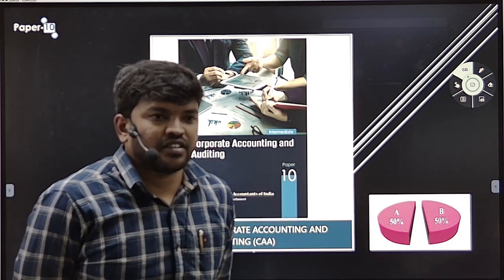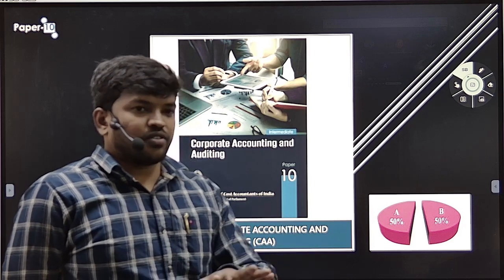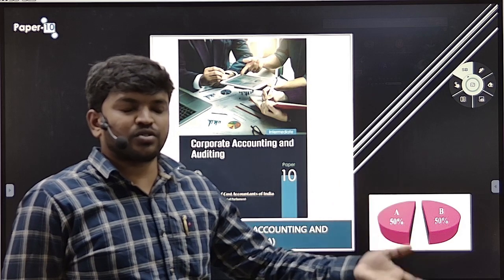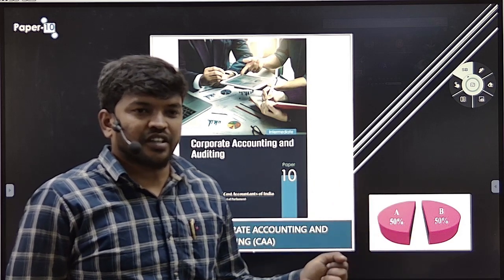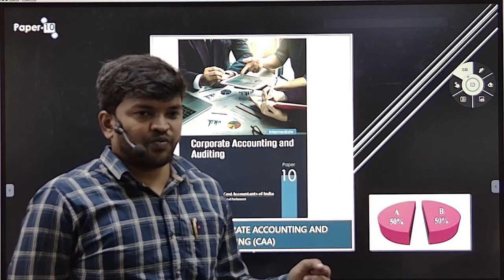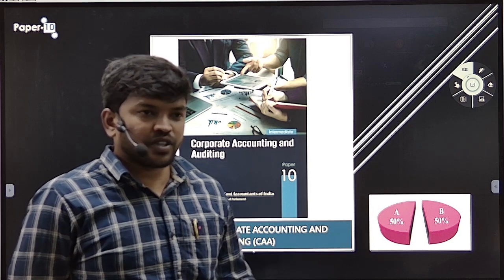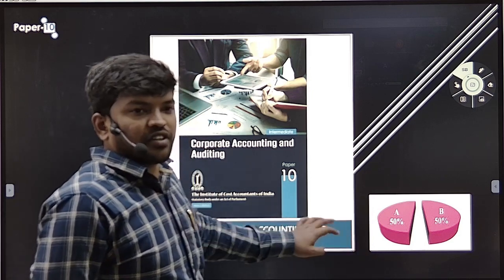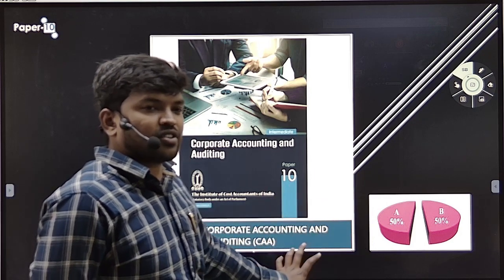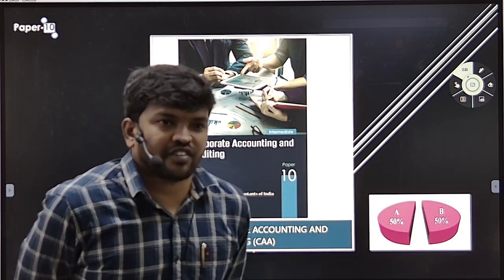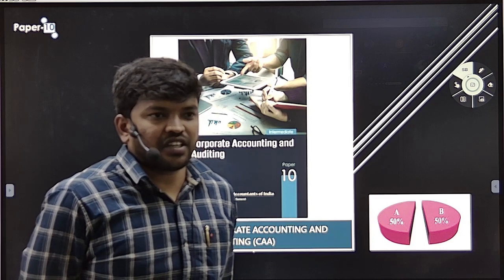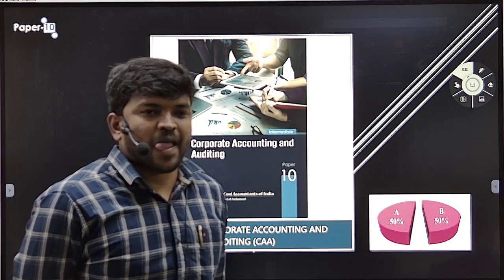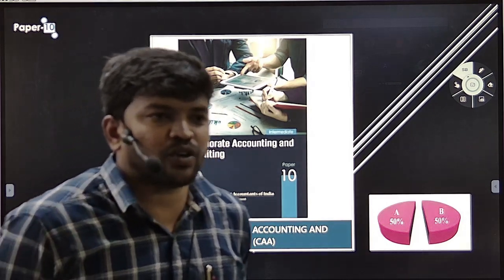This is also possible. Or you can attempt 3 questions from audit. How many more questions do you need to attempt from accounting? 2. Okay, this is also possible. So it depends whether accounting is your favorite subject or audit is your favorite subject. Clear? Now coming to corporate accounting.